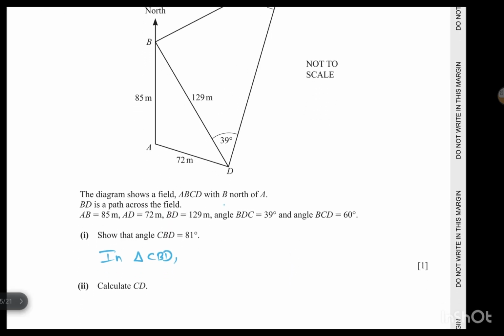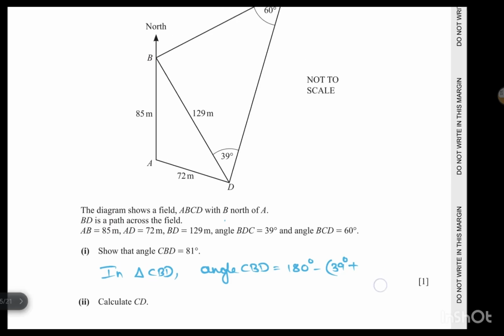Angle CBD is equal to 180 minus the sum of the other two angles, that is 39 plus 60, which is given. So 180 minus 99 will be 81. So this is done.